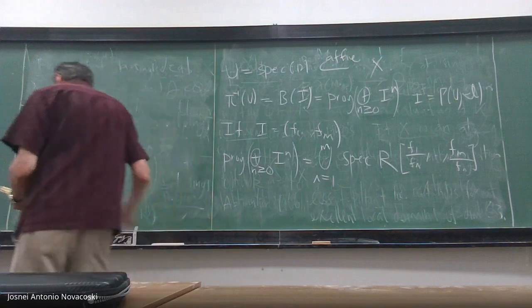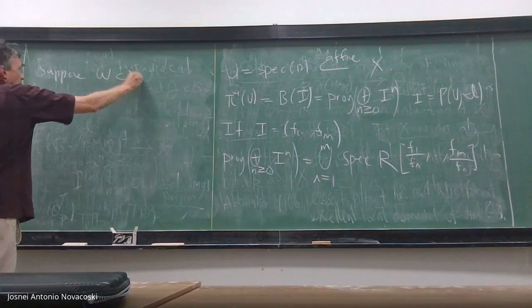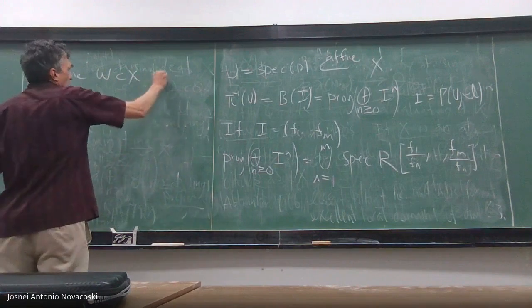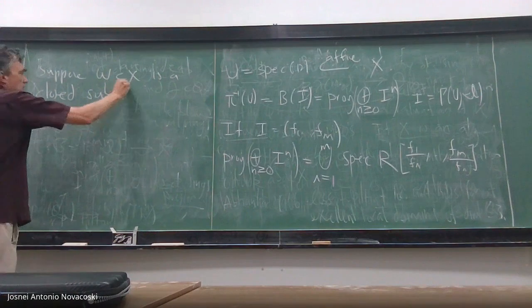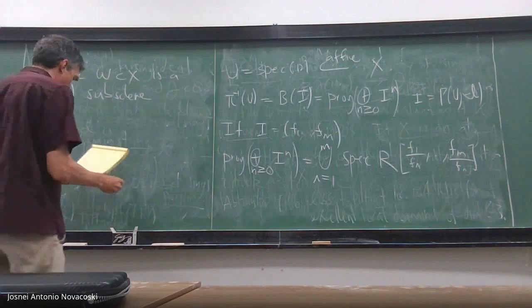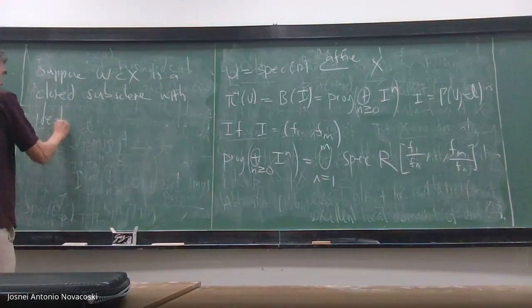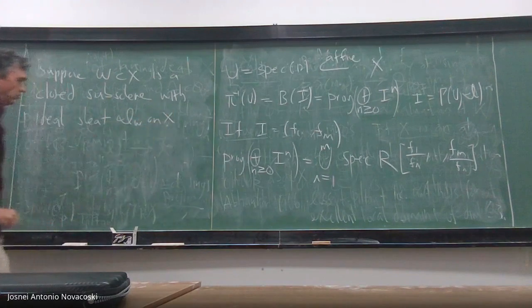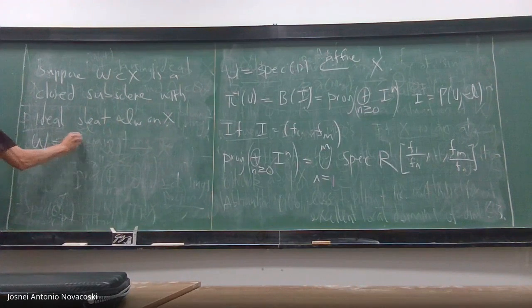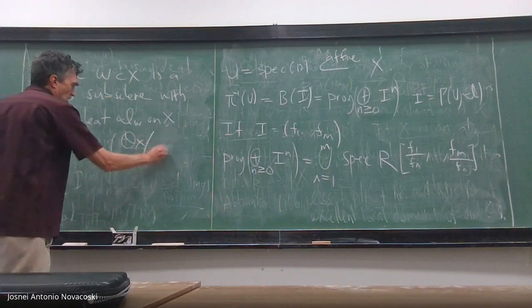So there's another construction that one needs for this. Let's suppose that W is contained in X, a closed subscheme, with its own ideal sheaf IW on X. In the language of algebraic geometry, this means W is Spec of OX mod IW.